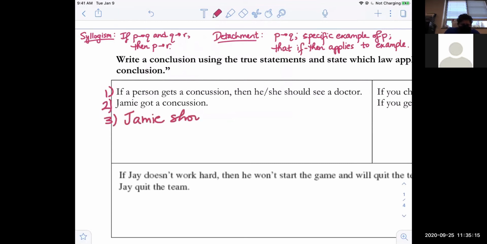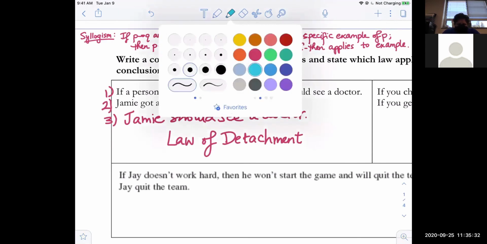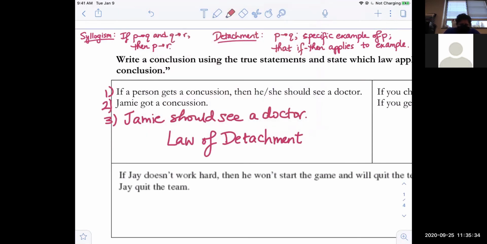Jamie should see a doctor. Tell me why it's detachment. It has a conditional. Yes, good. Jamie got a concussion is a specific example of a person who got a concussion.